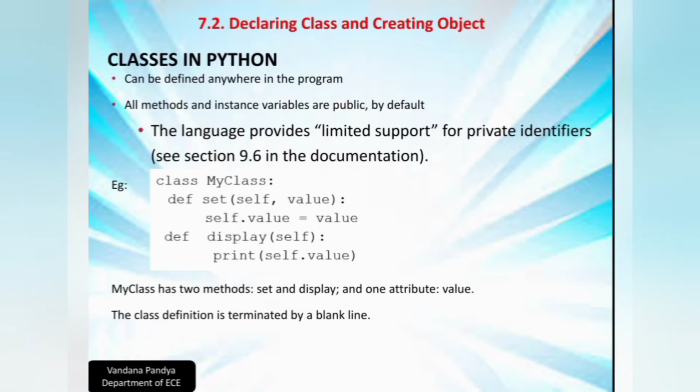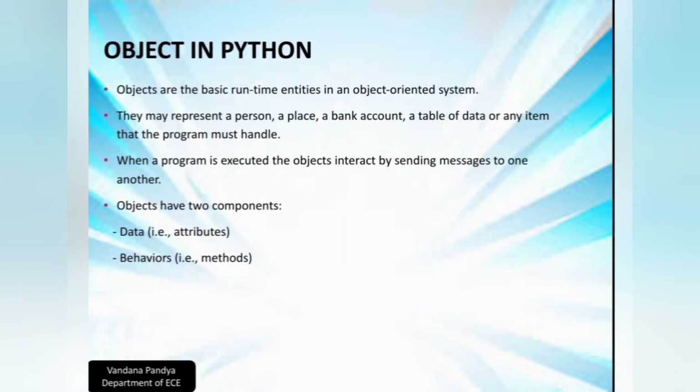The example shows how classes in Python are declared. Objects are the basic runtime entities in OOP. They have two components: data, that is attributes, and behaviors, that is methods.